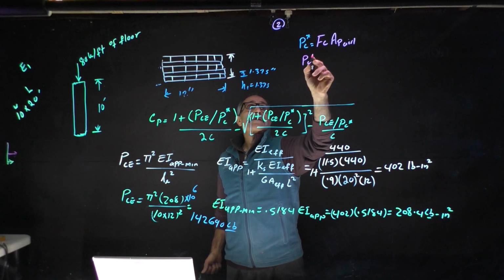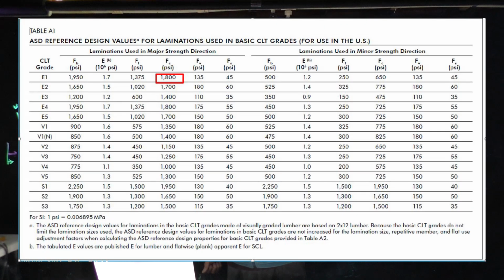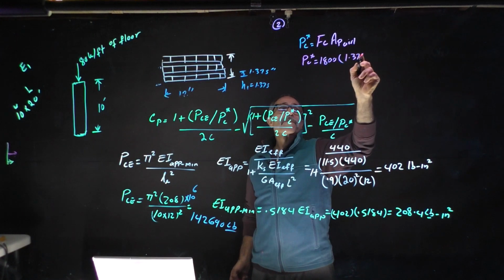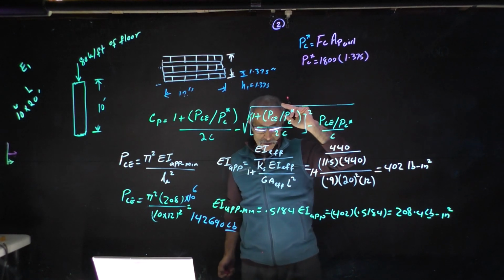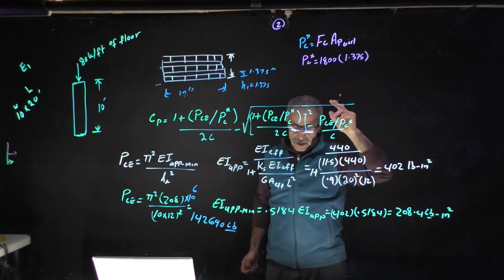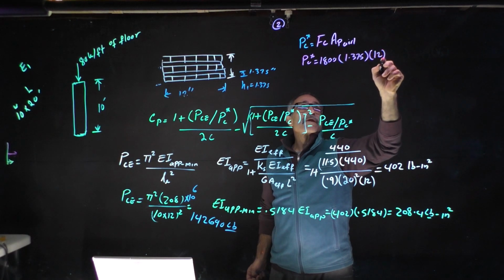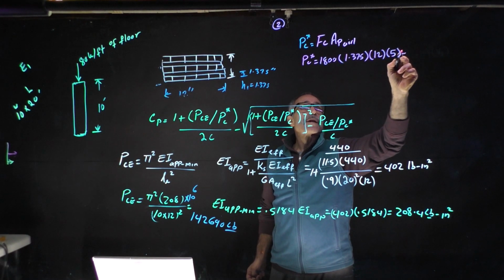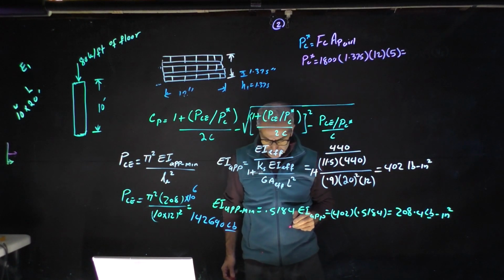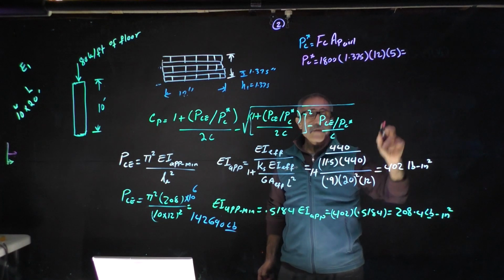So now my P star comes out to 1800 multiplied by the area, and the area was right here. We have each individual 1.375, and there were 5 layers, we said, times 12 times 5 layers, and that comes out to 148,500.